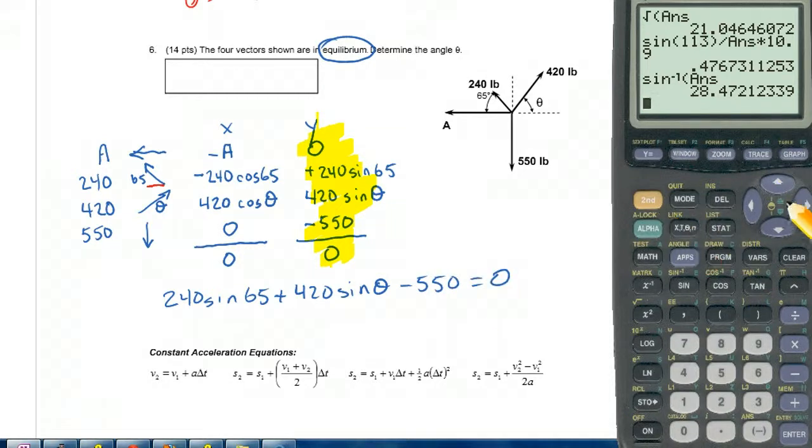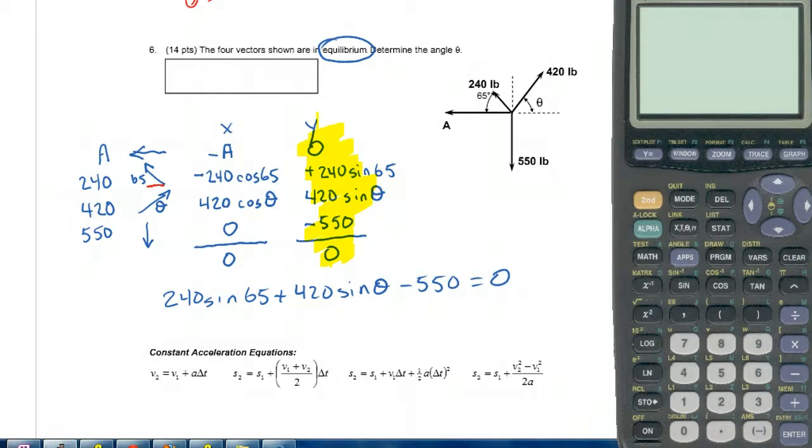I'm going to come over here and clear everything. I've already got that cleared out, so I'll just plug in my equation: 240 sine 65 plus 420 sine x minus 550.